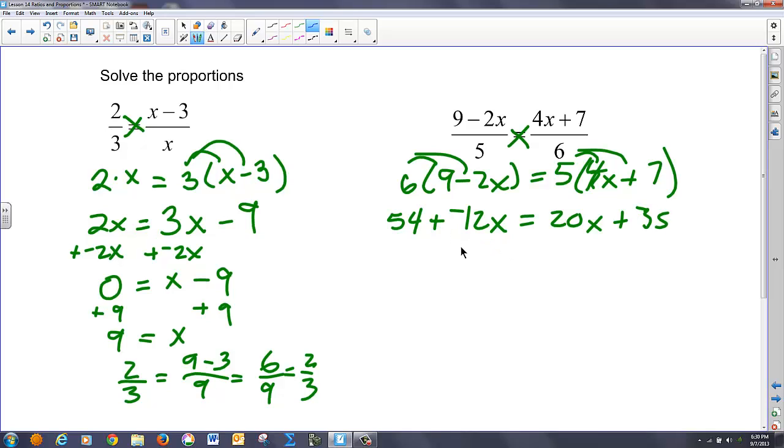I like getting all my x's to one side first, so I'll add 12x to both sides. This gives me 32x plus 35 is equal to 54. I'm going to add a negative 35 to both sides.